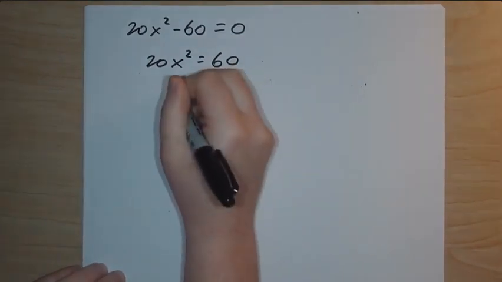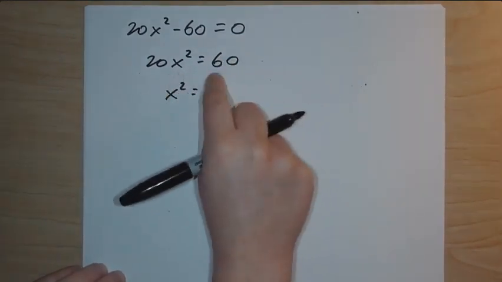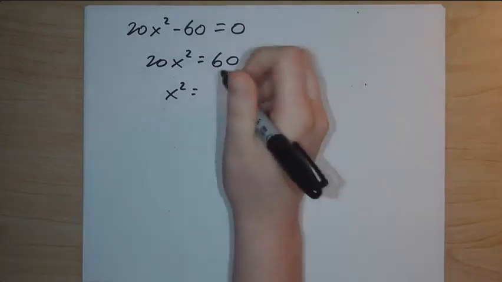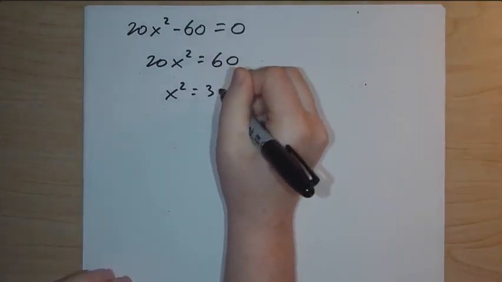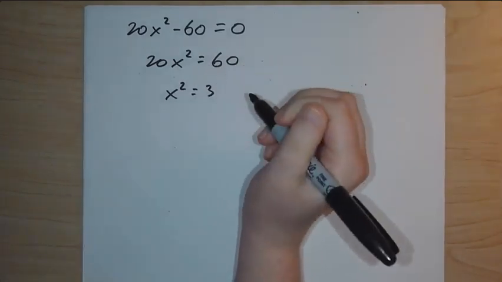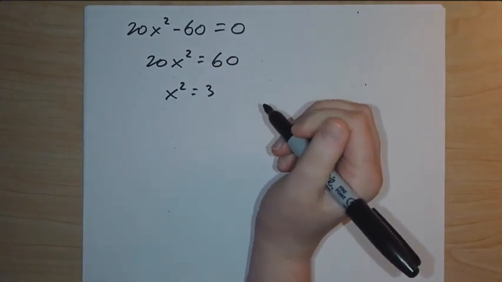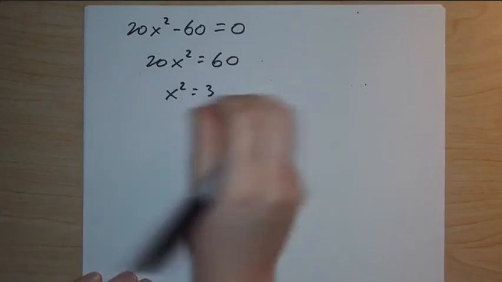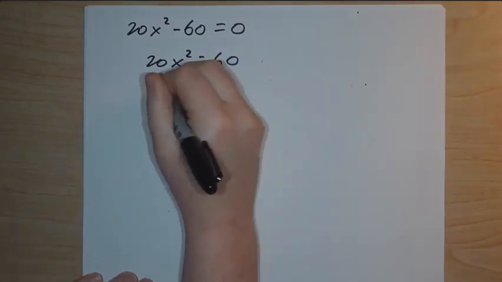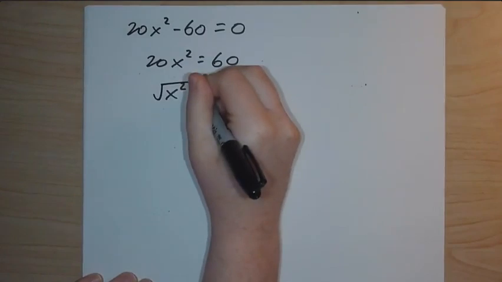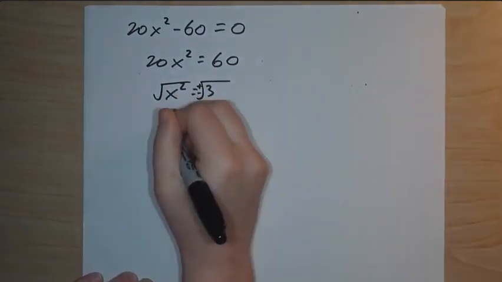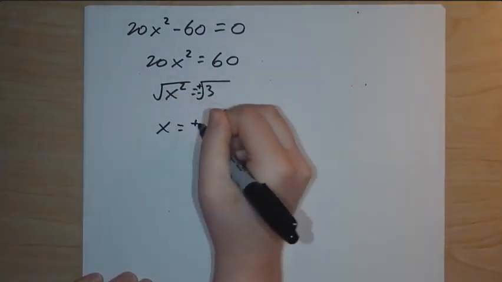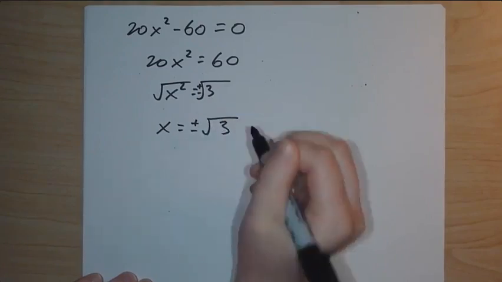Divide by 20 on both sides, we have x squared is equal to 60 divided by 20 is 3, excuse me. And if we want to get rid of this square, we take a square root on both sides. Remember, when you take a square root, there's a plus minus. So we have x is equal to the plus minus square root of 3.